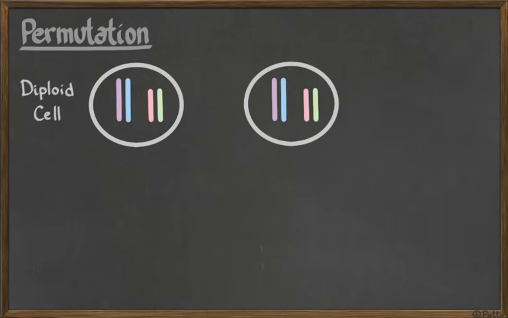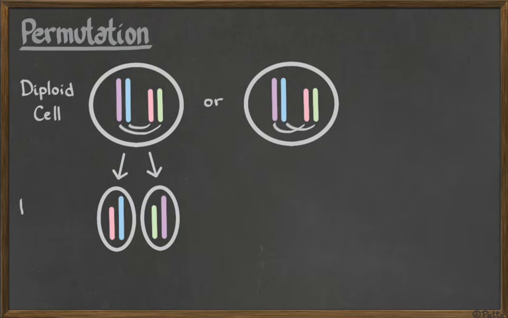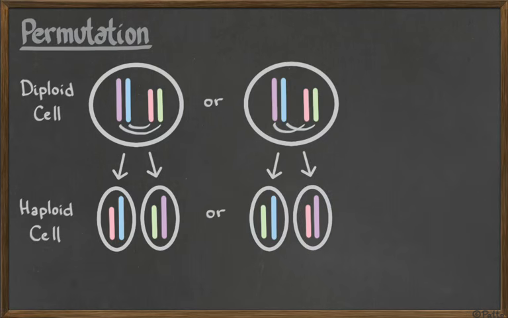If I have, just in the example that I gave you, 2 pairs, the number of permutations could be purple with green and blue with pink, or purple with pink and green with blue. So in that case, I can have haploid cells in 4 different combinations.